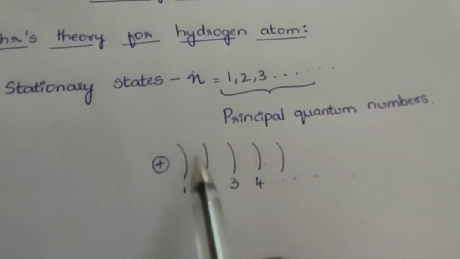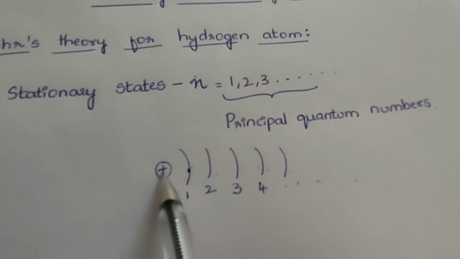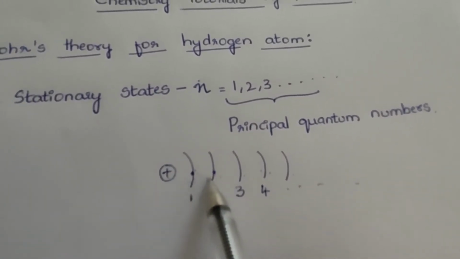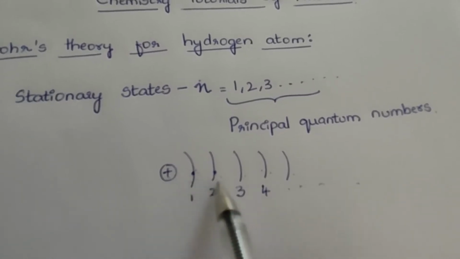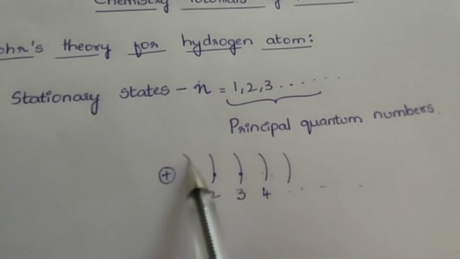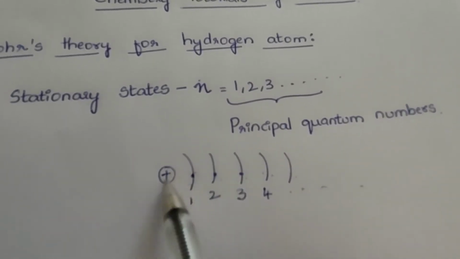If the electron is present in the first orbit, it is closer to the nucleus. If it is present in the second orbit, it is located further from the nucleus. And if it is present in the third stationary state, it is located even further, at a larger distance from the nucleus.